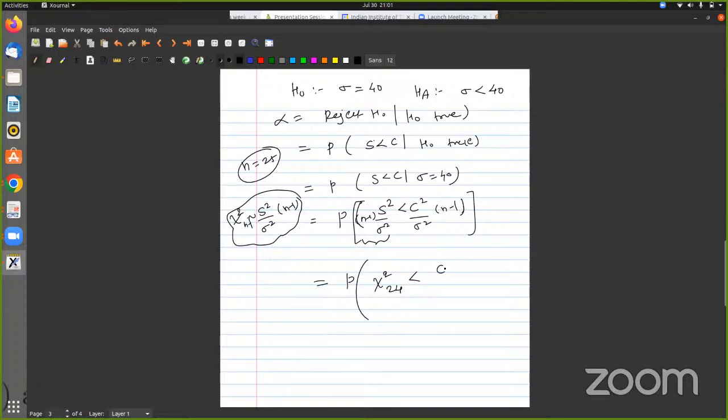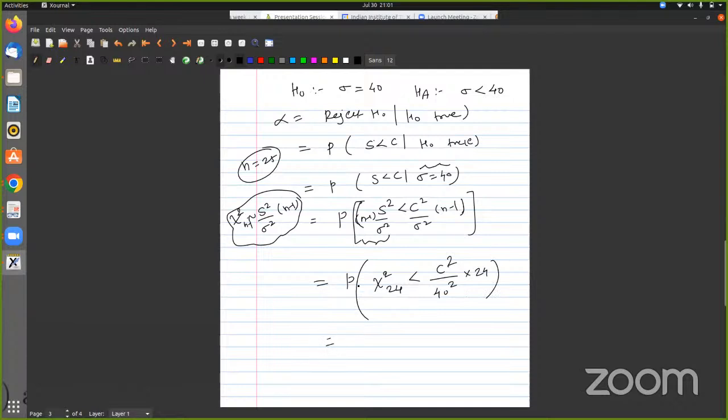Sigma square here is 40 square, given sigma equal to 40, into 24.